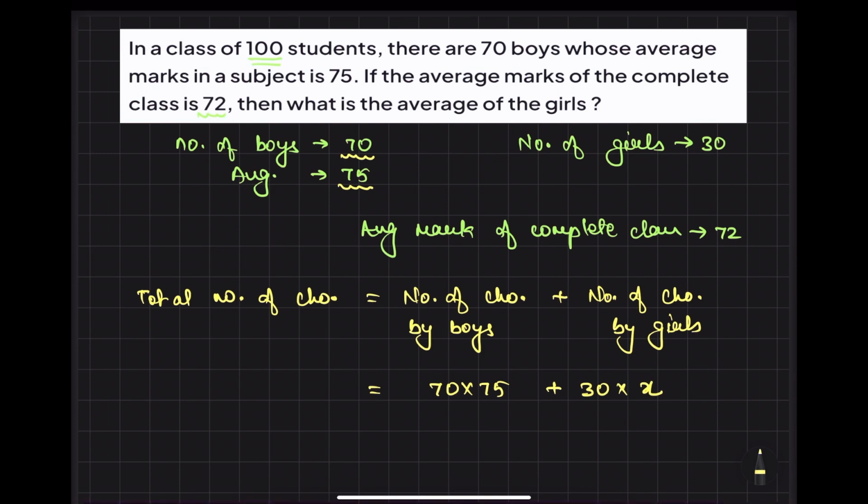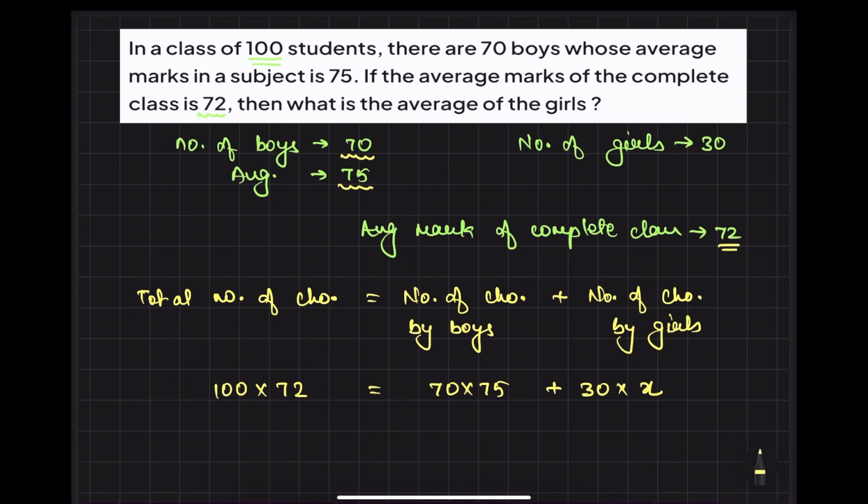Now there are 100 students and the class average is 72, means every student is taking 72 chocolates. So can I write 100 into 72? I hope till this part you guys are comfortable.